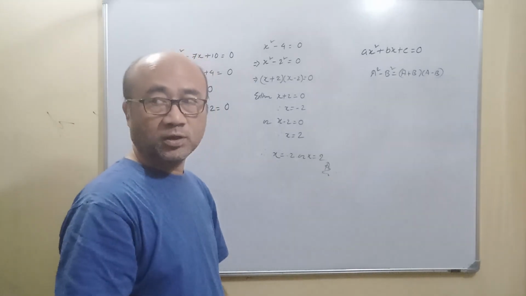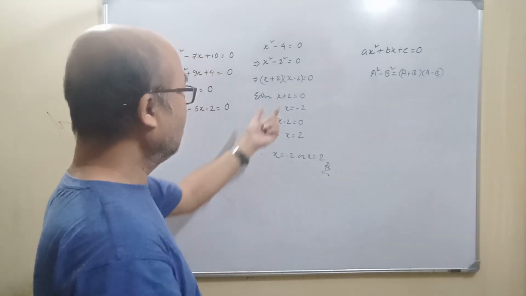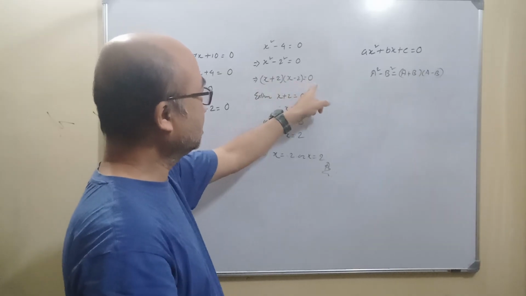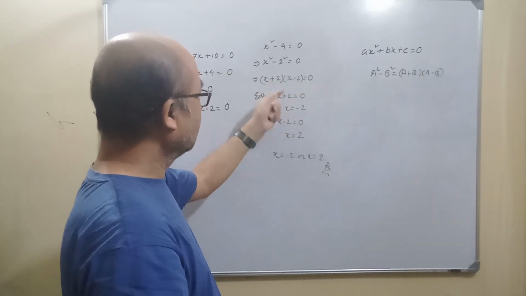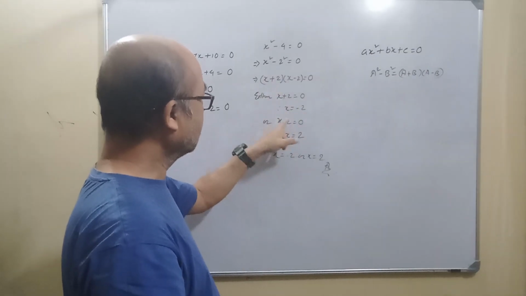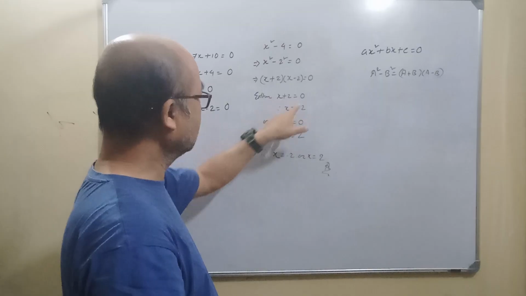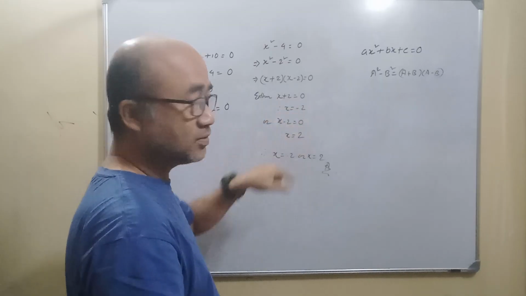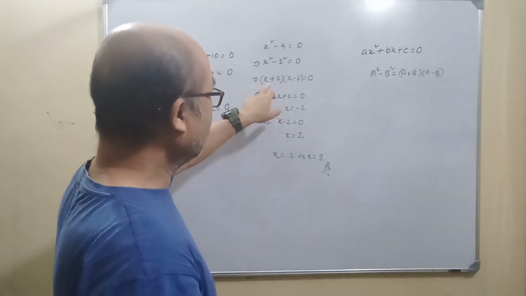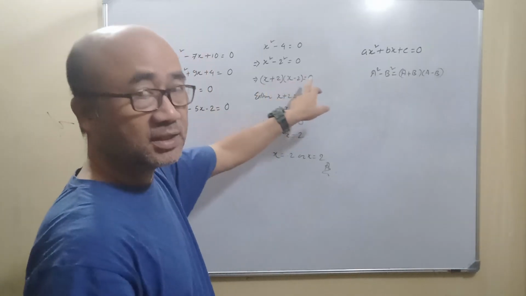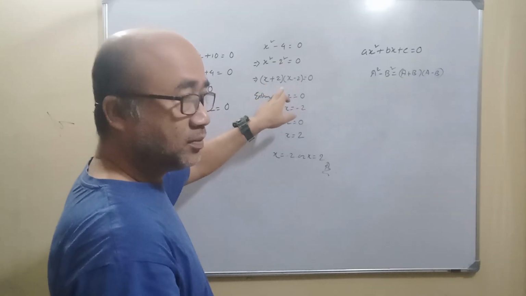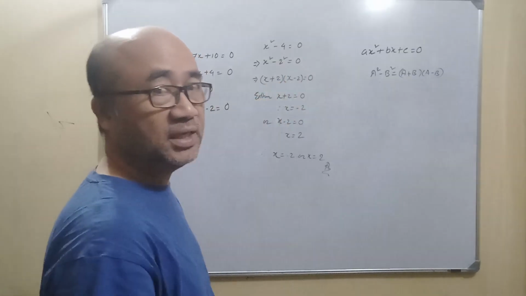By the way, someone asked me why, if we multiply the factors and the product is 0, we can equate both the factors to 0. We can say that either x plus 2 is 0 or x minus 2 is 0. The answer is that if you multiply two factors and the product is 0, then either of the factors is 0.